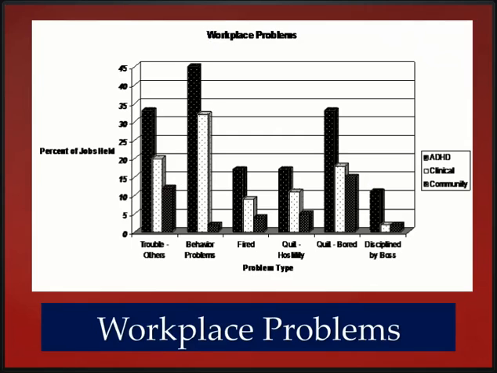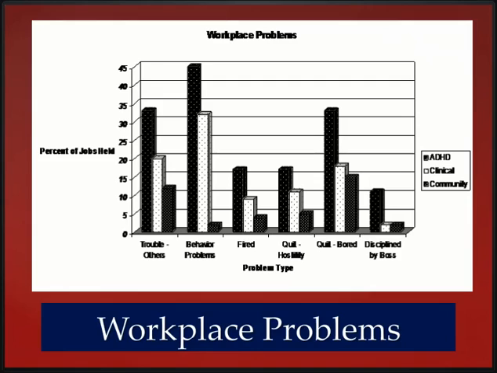Now here is a graph of the percentage of jobs that individuals had held since leaving high school on which they had experienced various problems. You can see here that adults with ADHD reported having difficulties getting along with others on more of the jobs that they had been employed in than was the case with the clinical or community groups.